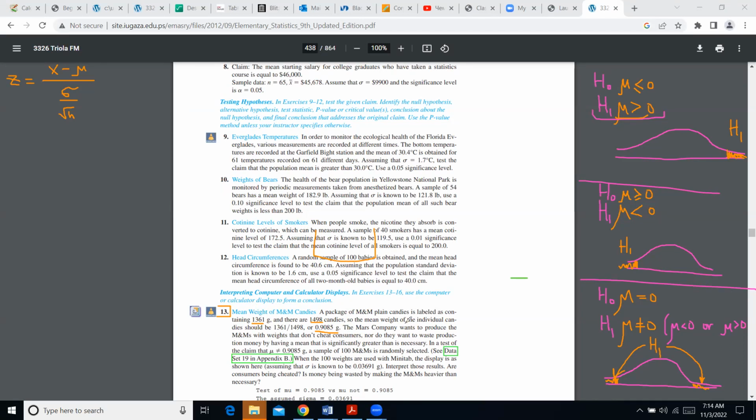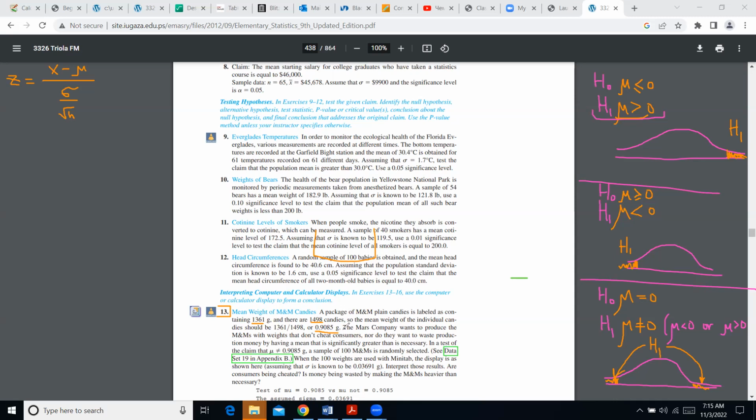Okay. So the company wants to produce M&Ms that do not cheat consumers. Notice that if you put more candies in a package that has the same weight, then they say the weight is 1361, and you counted how many candies, so you found how much each candy weighs. So the company wants to produce a good calculation result for the weight of each candy.